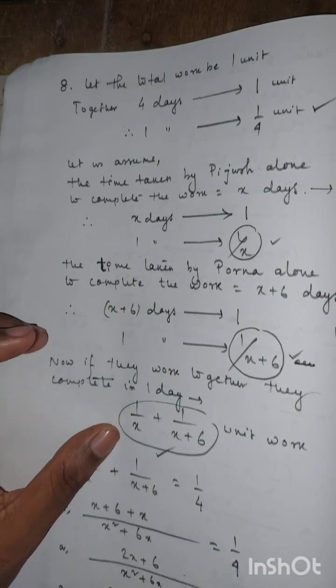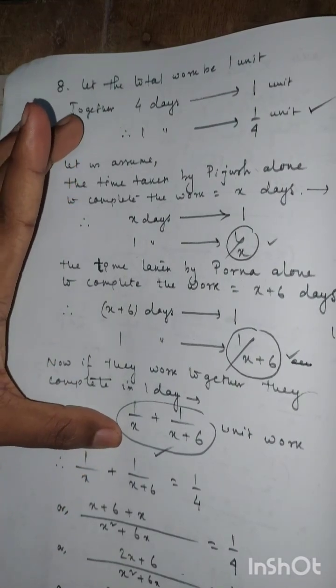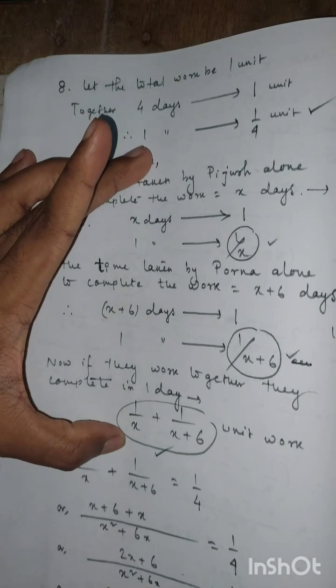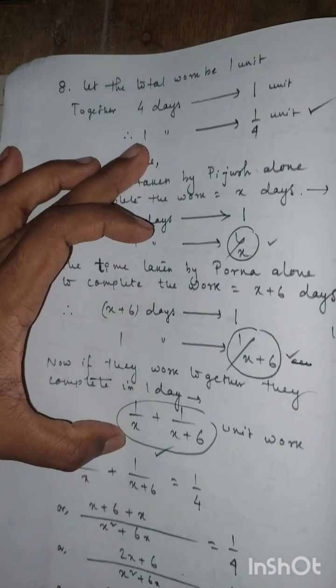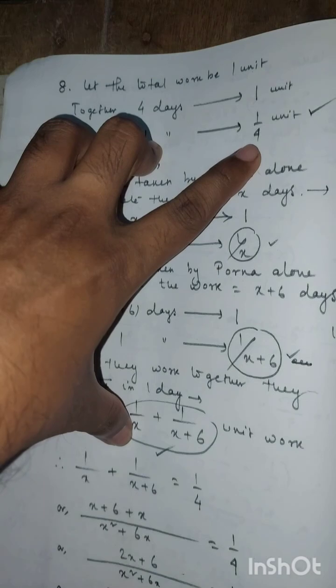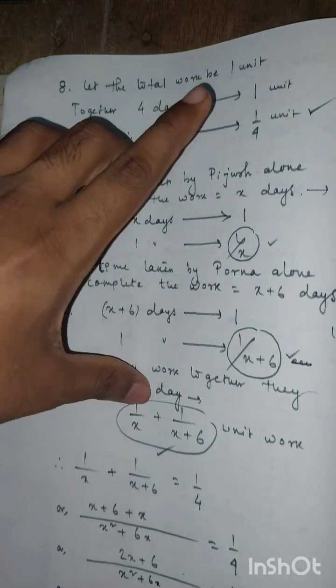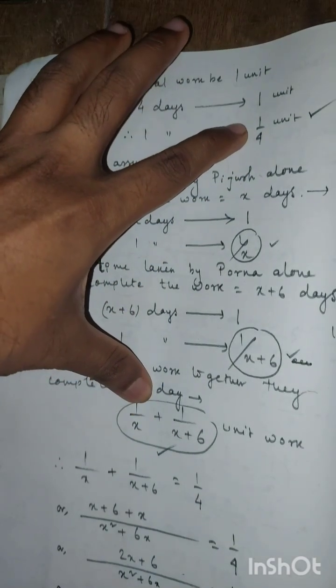But when we started the question, we wrote that in 1 day they complete 1/4 of the work. So these two quantities are equal.